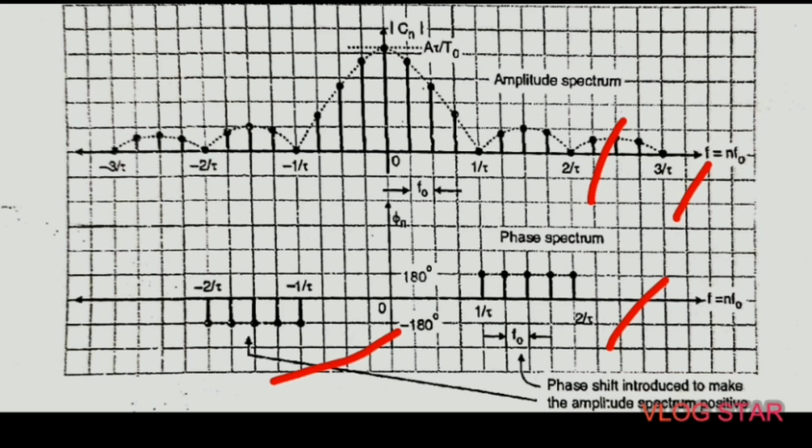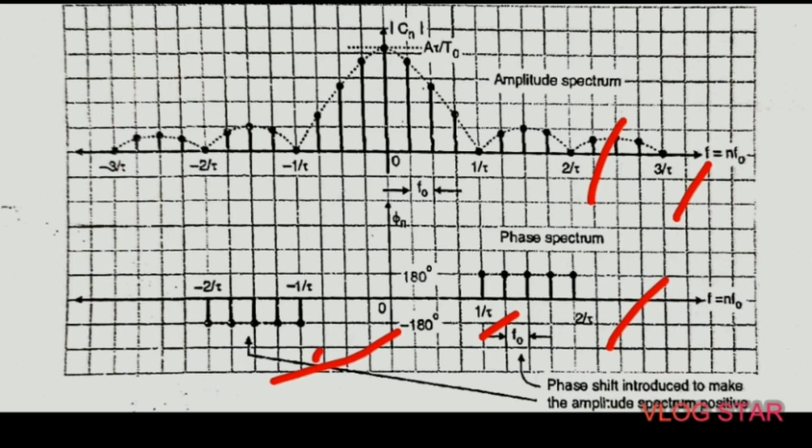Okay, so for example, between here f is equal to plus 1 divided by tau, and minus 1 divided by tau, and plus minus 2 upon tau.